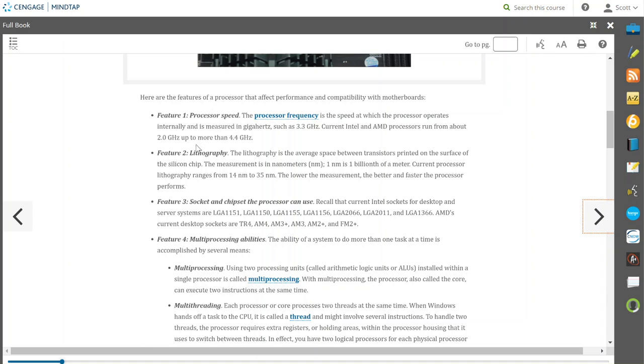Okay, now aside from that, we've got lithography. The lithography is the average space between the transistors that are printed on the surface of that chip. If you think about space relative to what we were talking about in Module 2, remember I said we had these buses.